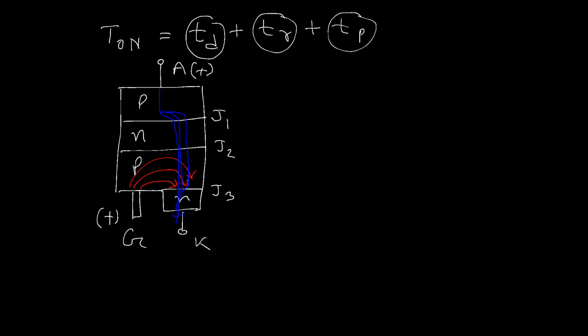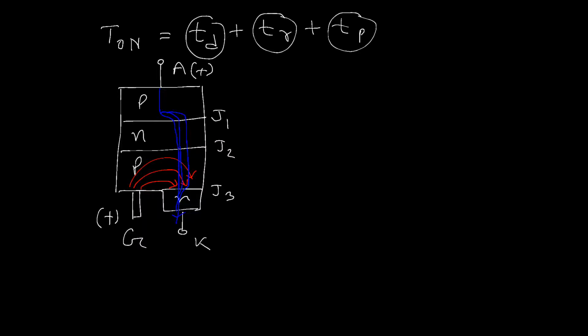As the gate current density is highest near the lower N region and P region, there is no free space to easily conduct the anode current, and due to which there is a concept of delay time. This is called Td or delay time.